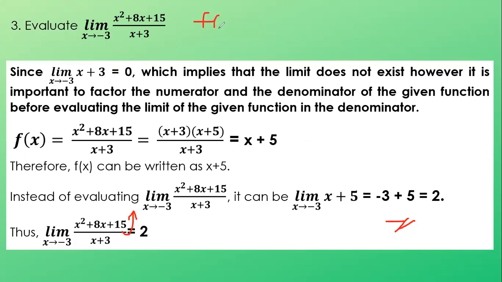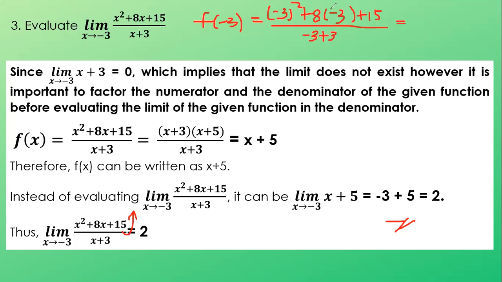So, f of negative 3. Okay, so negative 3 squared plus 8 times negative 3 plus 15, all over negative 3 plus 3.